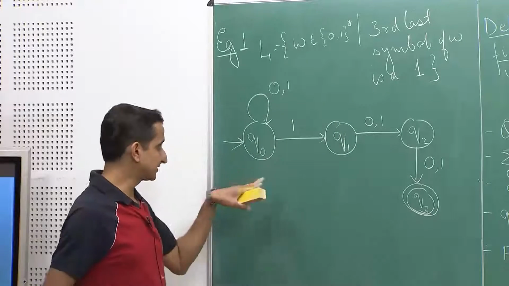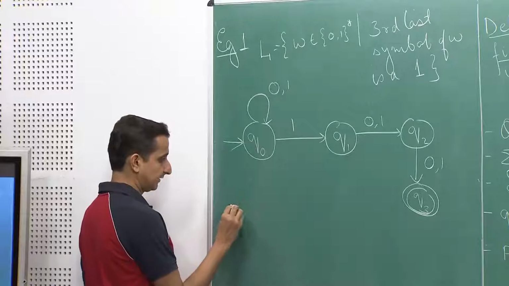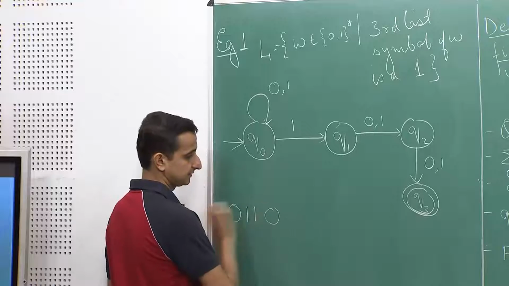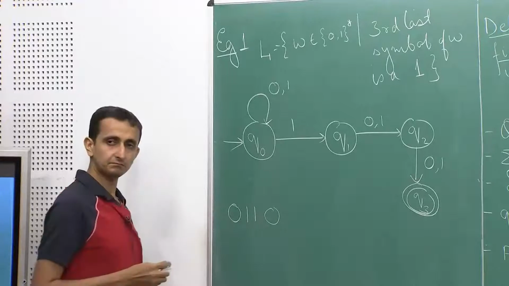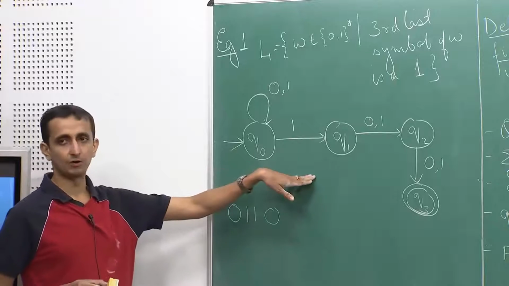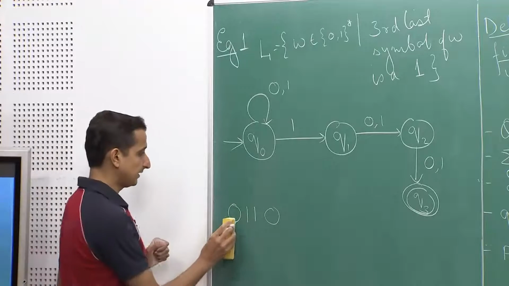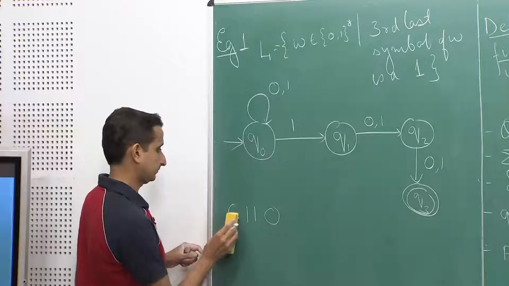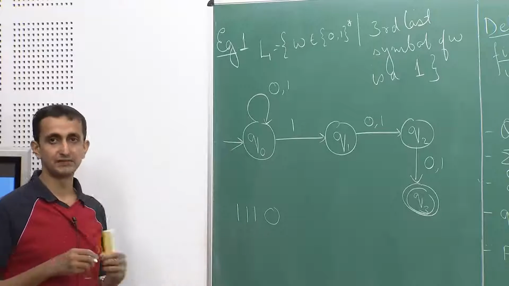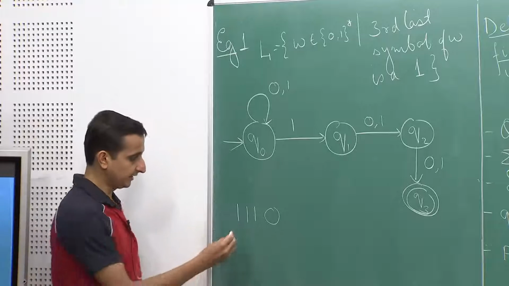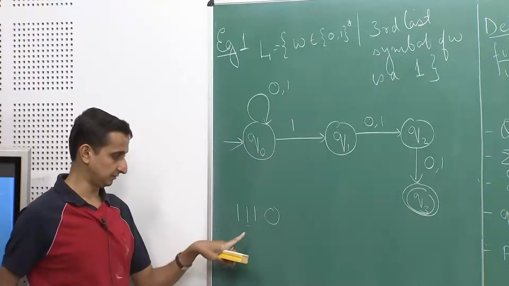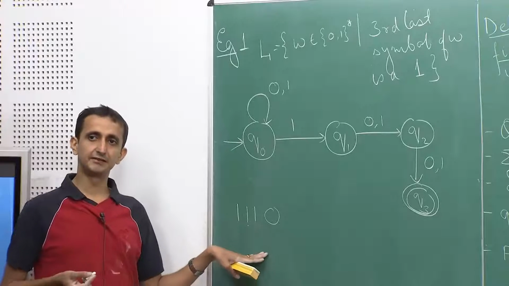Now let us look at some examples. Let us say that I have a string 0, 1, 1, 0. How does computation proceed for this string on this automaton? Maybe just change this. Let us say I have a string 1, 1, 1, 0. For this string, the third last symbol is this one, which is a 1, which means that this should be accepted.